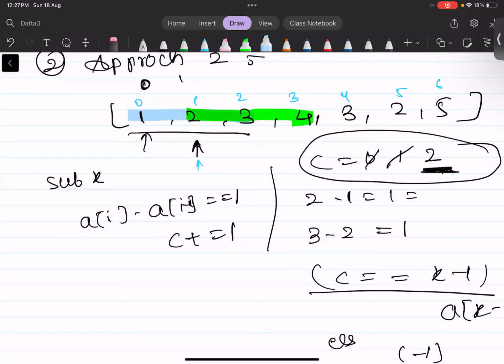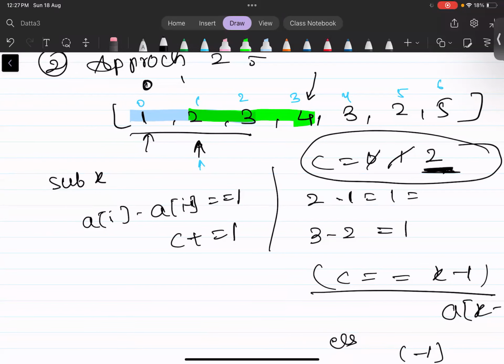If we observe carefully, the only element added to my previous subarray was 4, and the element removed was 1.